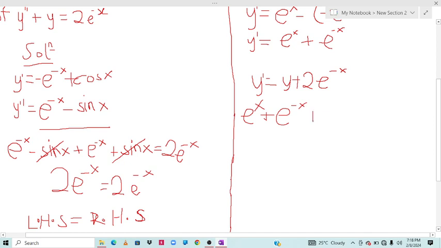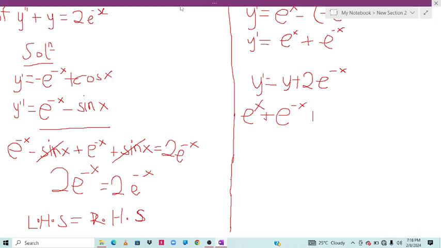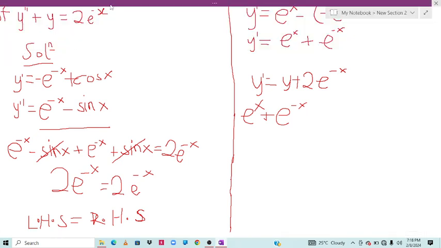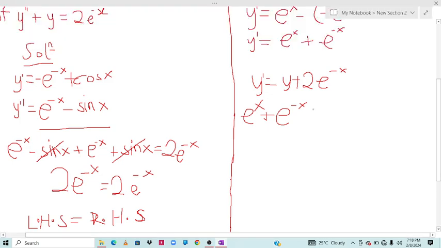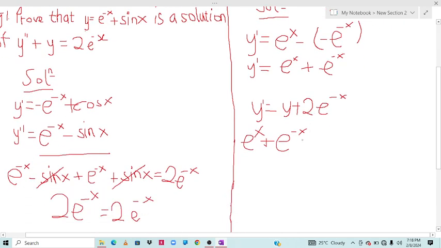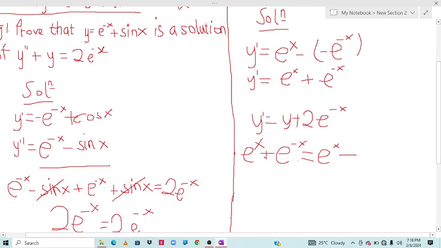And wherever we see y, we are going to substitute our function, which is e^x minus e^(-x), plus 2e^(-x).